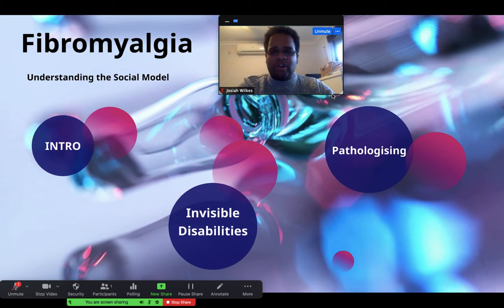Students in your class have things going on that are invisible, that you can't see, and taking off that invisibility cloak so that everyone can see what's going on is something that is liberating. And the last thing is that we want to move away from pathologizing and move towards a biopsychosocial model where we're considering the social elements of their disability, the physical, and the biological.